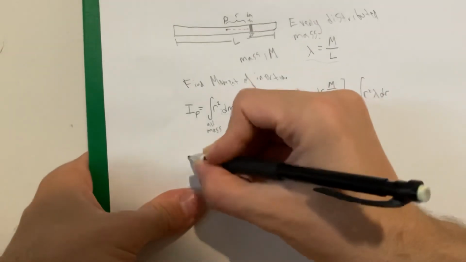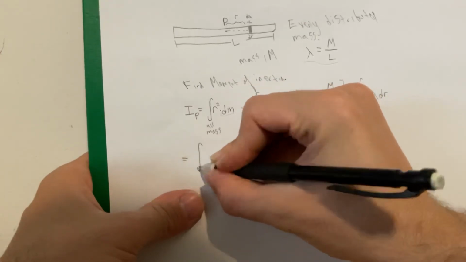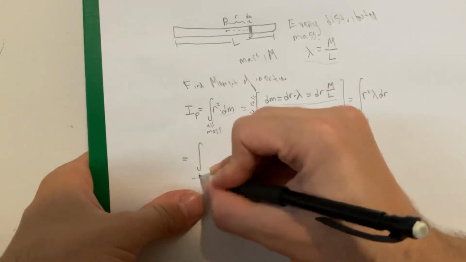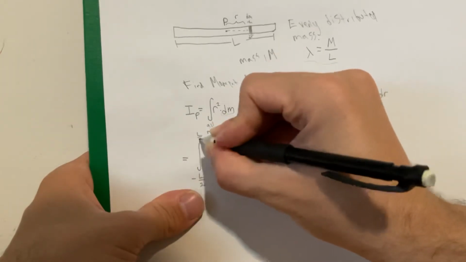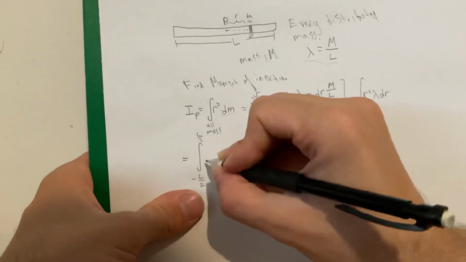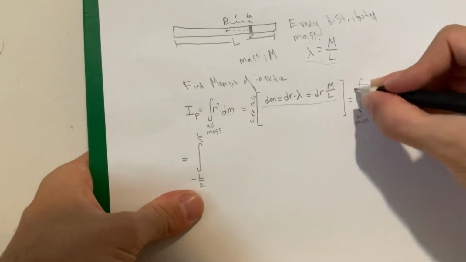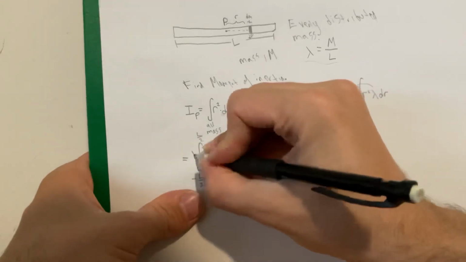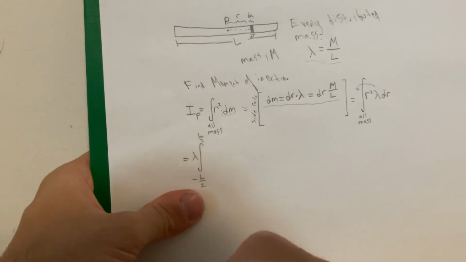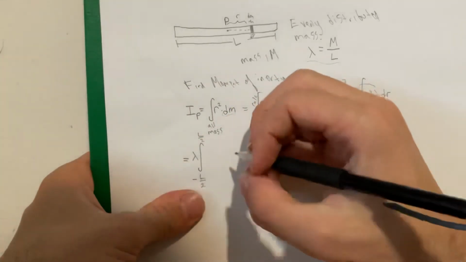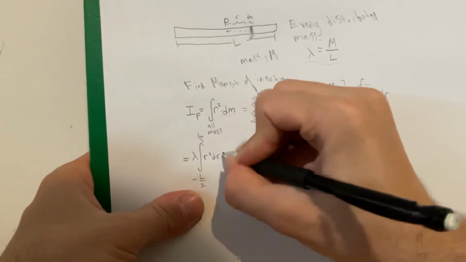So we can write in the limits of integration from minus L over 2 to L over 2. Notice we can take this lambda out of the integral because it's a constant, because it's evenly distributed. It's the same everywhere in the plank of wood. And we're left with r squared dr.